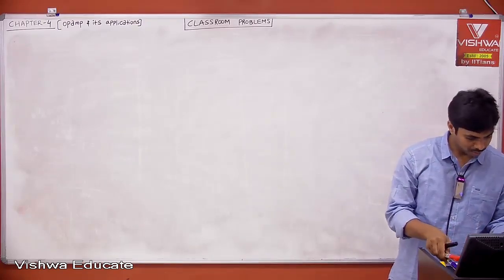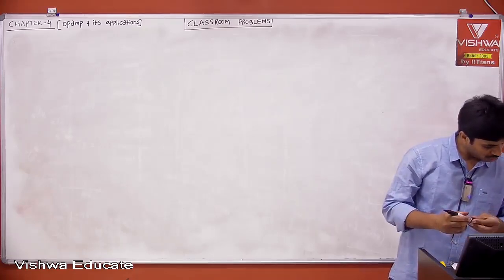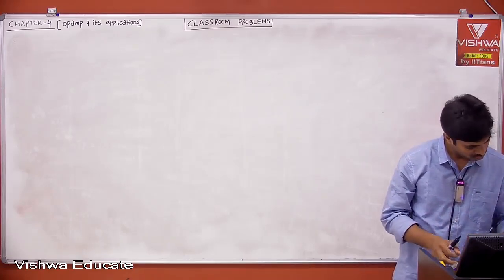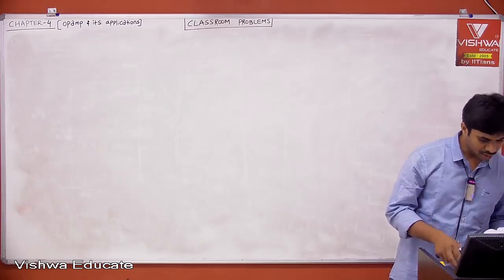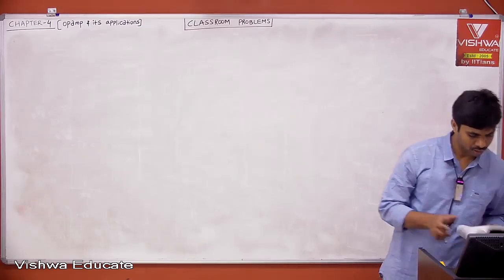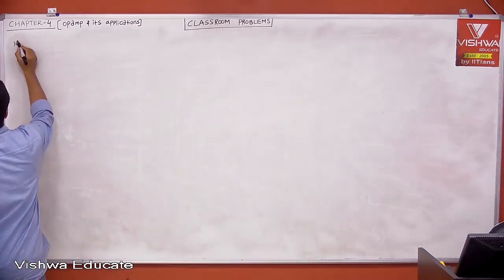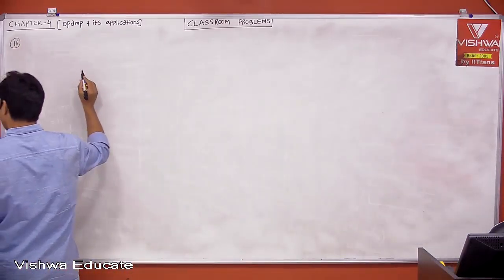Problem number 16. In the circuit, find V0. This is GATE 2000 for 1 mark.